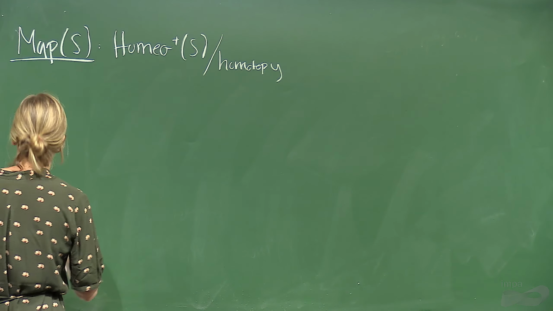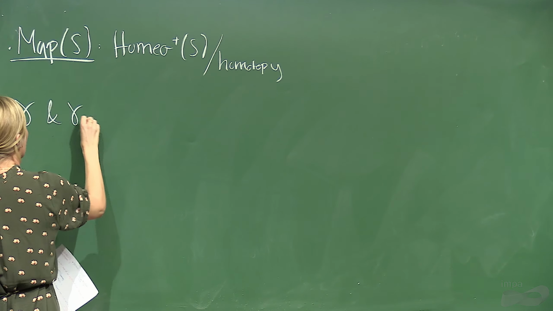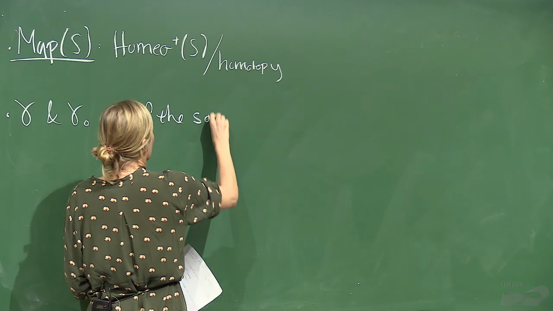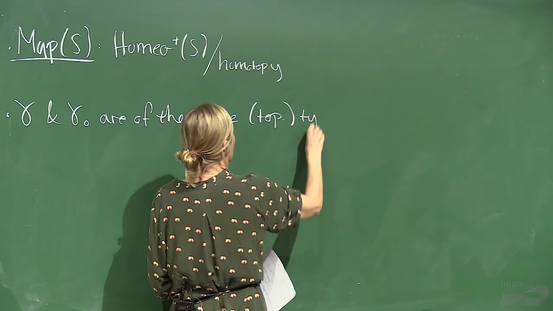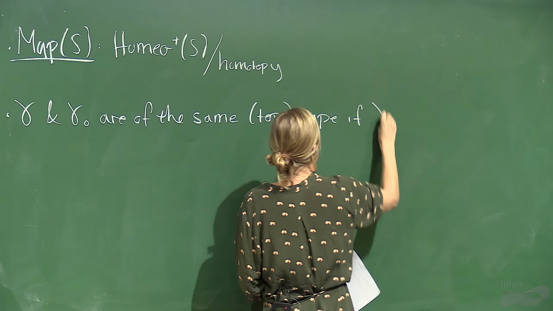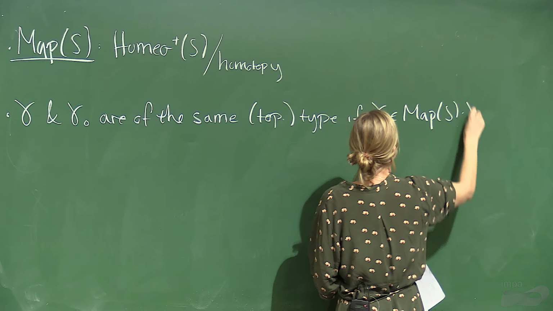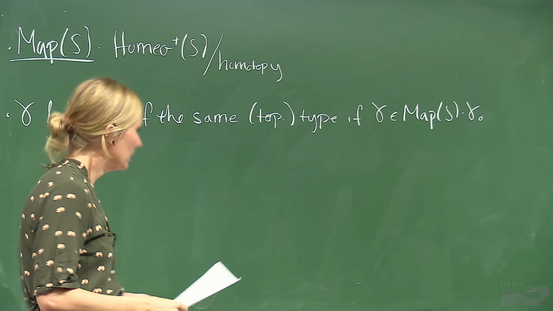And we say the two curves are the same topological type, or just same type, if they lie in the same orbit. So if they differ by a mapping class, if they differ by a homeomorphism up to homotopy.